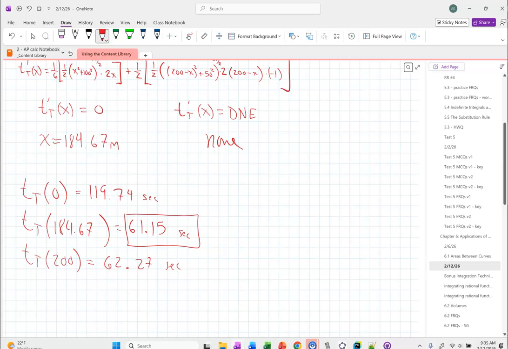The minimum value there was 61.16, and that happens when we enter the water 184.67 meters down the shoreline. I was just wondering how many meters. 184.67 down the shoreline.